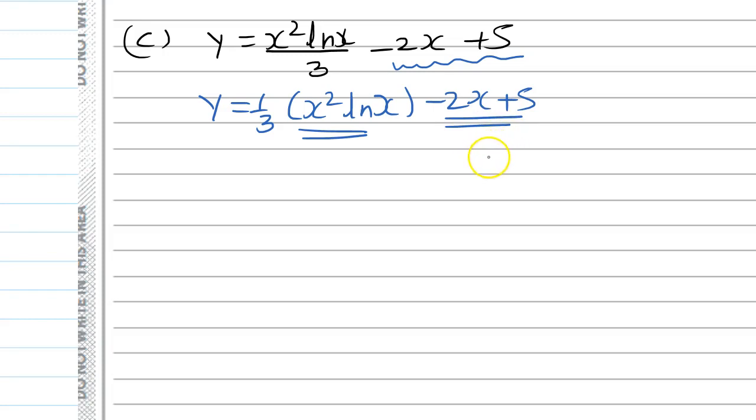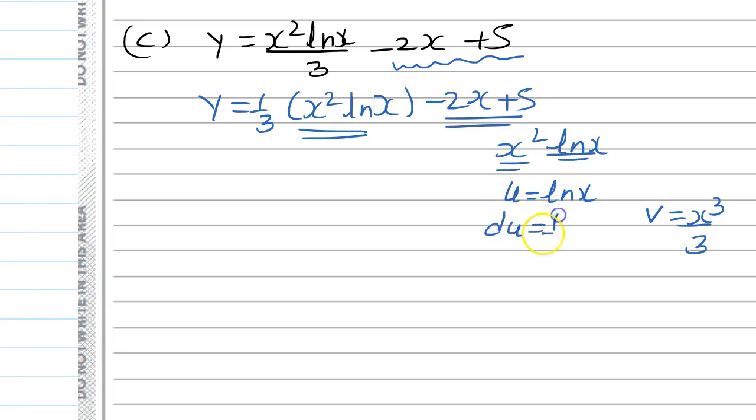There are two functions, so we are going to use integration by parts, so we use u and v. Because of ln x, we will take it as the first function. So let's take u as ln x, and v will be x cubed over 3, and du is 1 over x.